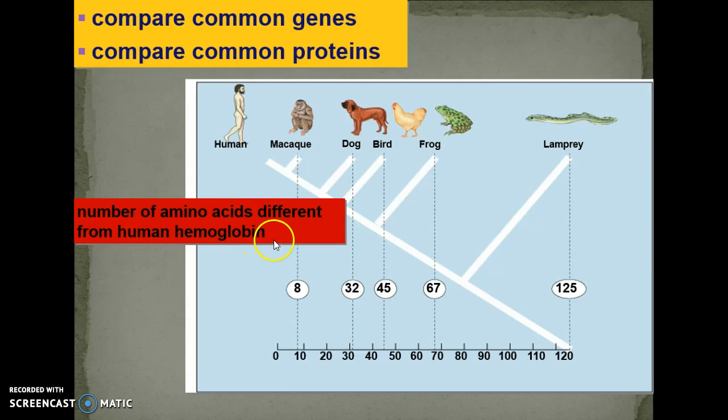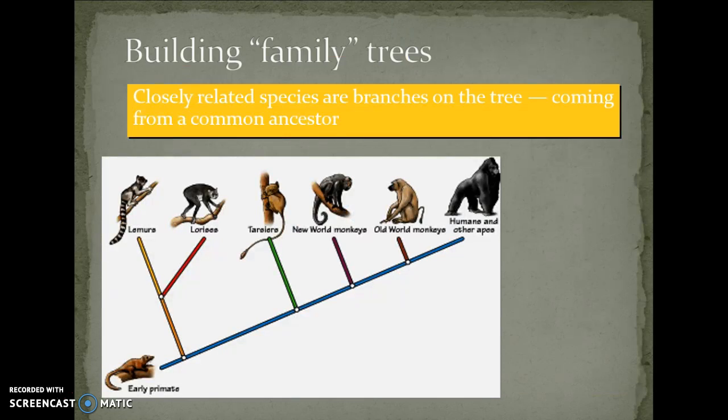And this is just, like I said, taking the information from the chart and putting it onto an evolutionary tree. These family trees are a great way to show closely related species coming from a common ancestor. The closer the two species are, the closer they will be found on the tree.